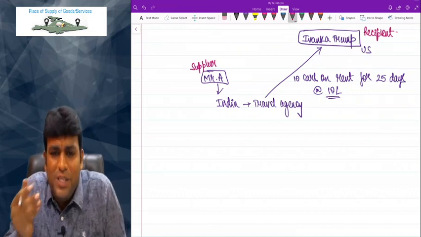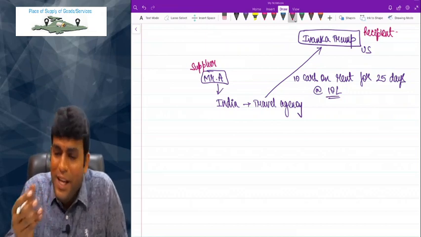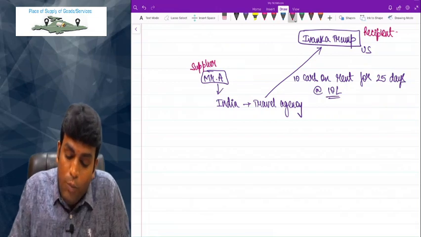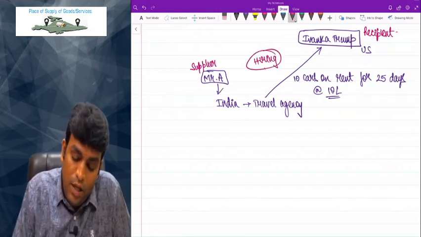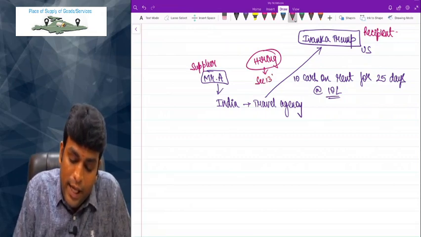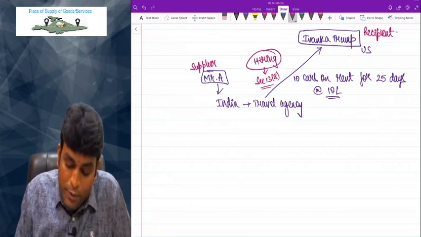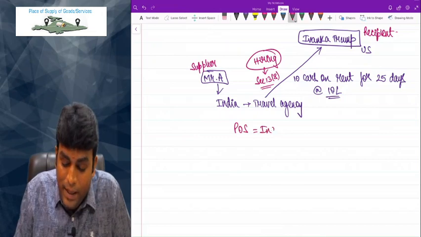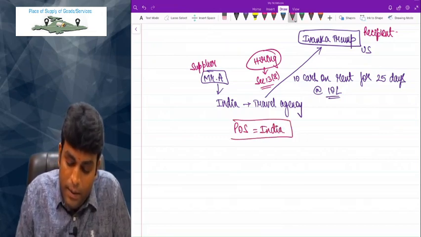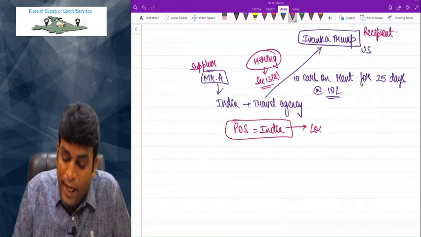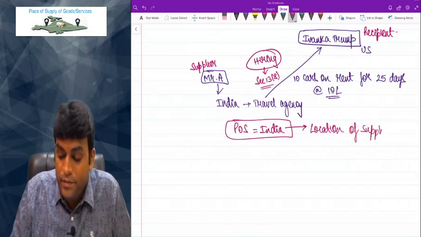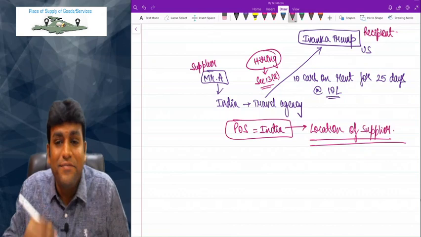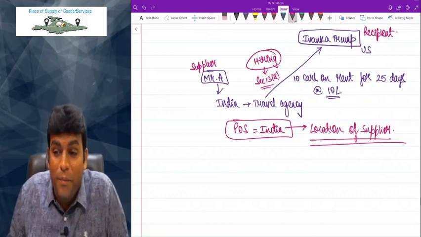And moreover, for hiring of means of transport, section 13.8 is there. And for this particular point, place of supply will become India, because place of supply will be the location of supplier. That's it. Very interesting and important point, my dear friends.